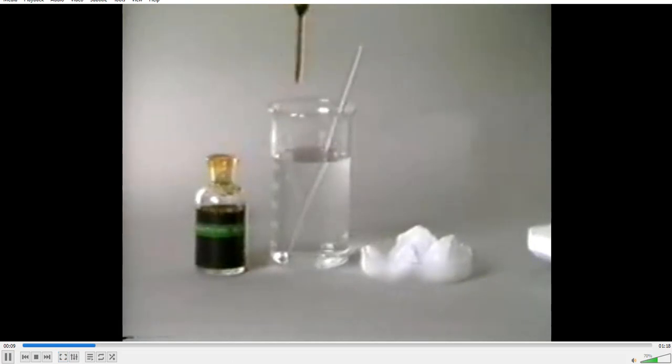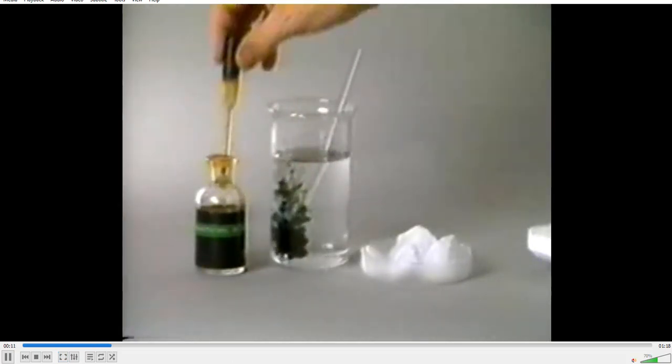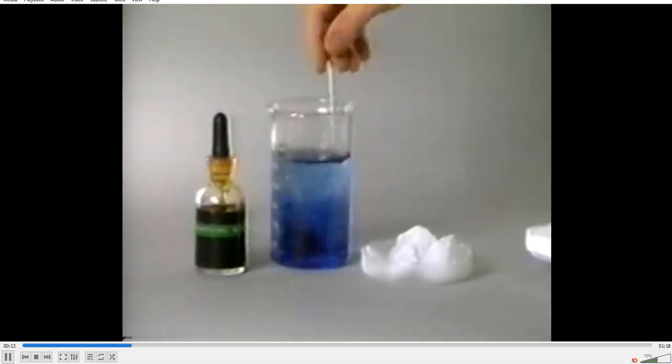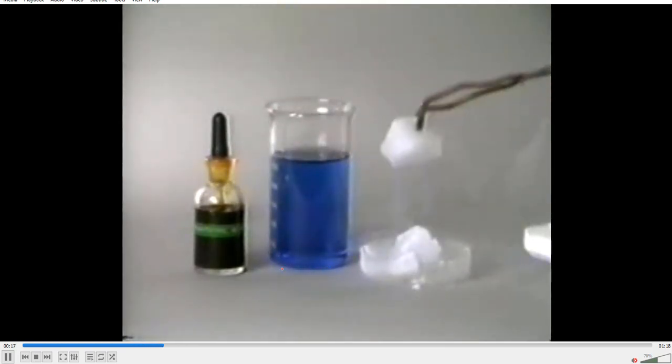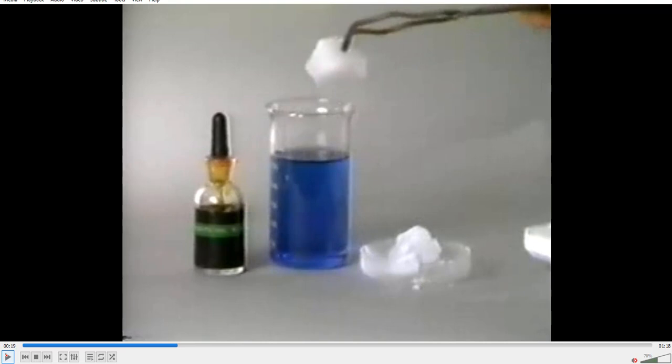A blue indicator to water that has been made slightly basic. So as you can tell, based on the blue color, it falls in a pH range, making it basic. Now we're going to add in dry ice.